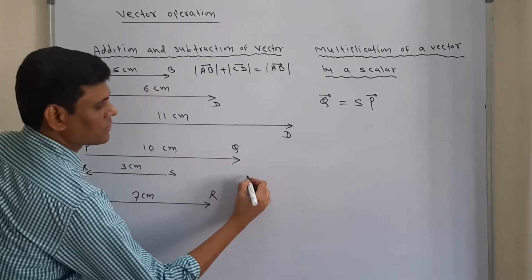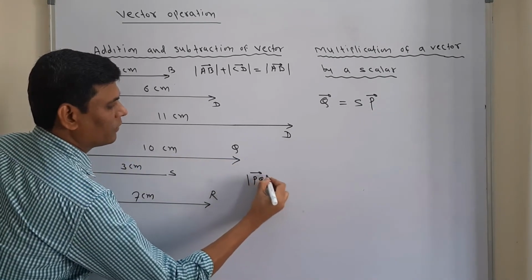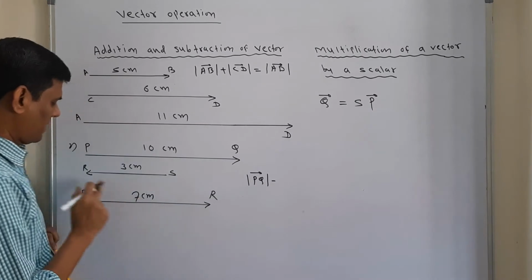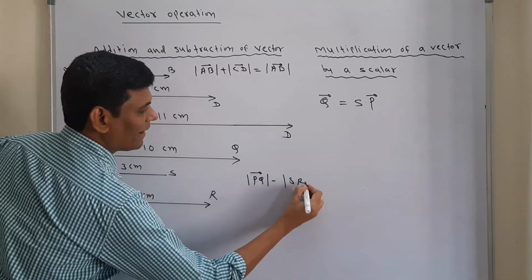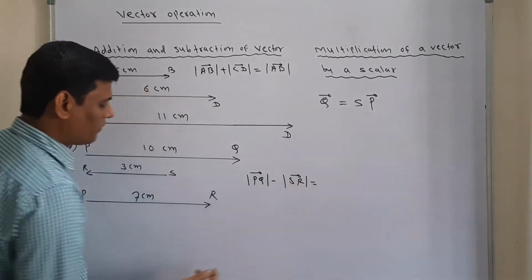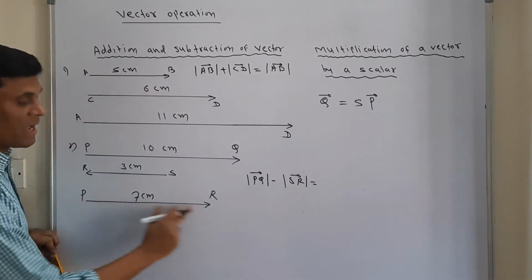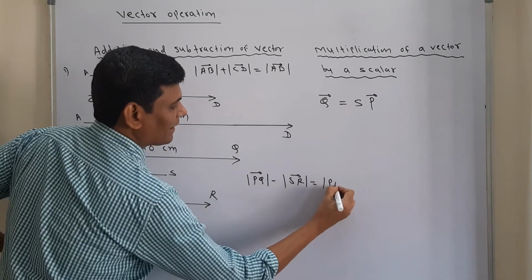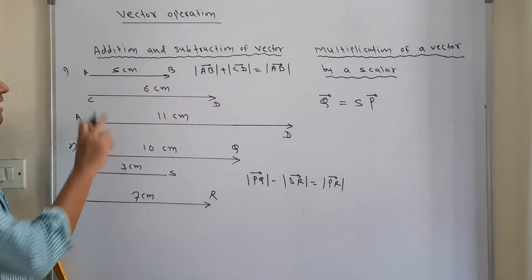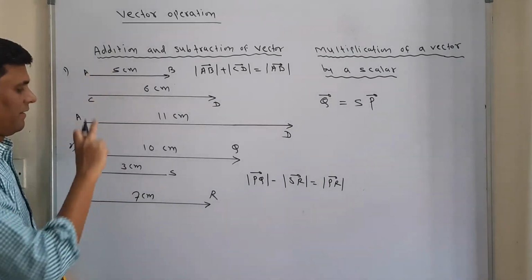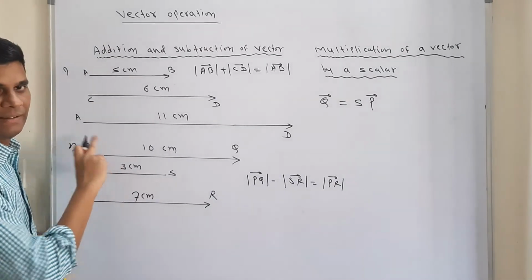This PQ. So magnitude of vector PQ minus magnitude of vector SR is equal to the resultant vector, magnitude of vector PR. So here we have two vectors parallel, and here we have two vectors anti-parallel.